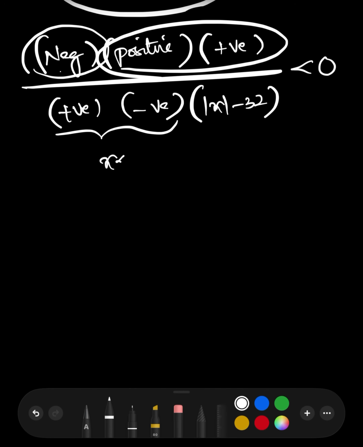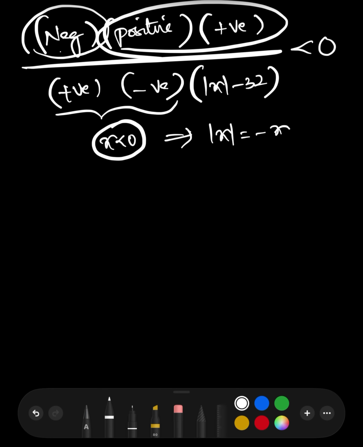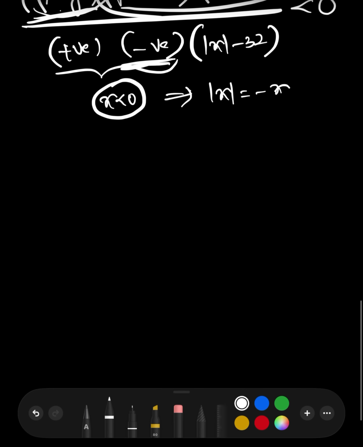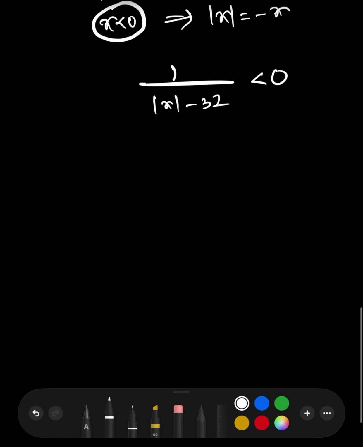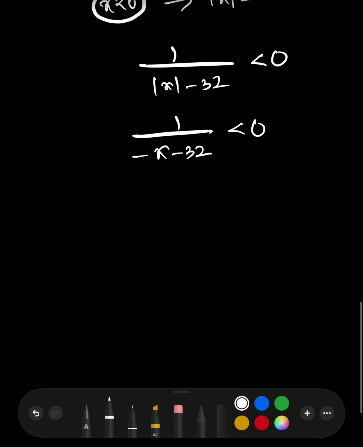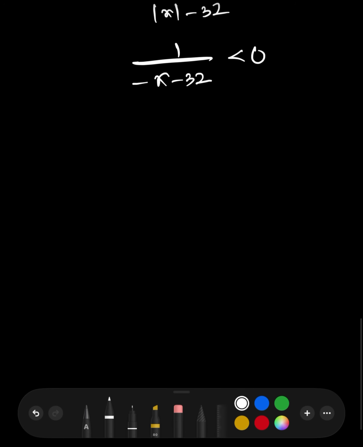Because x is less than 0, clearly |x| is minus x only. So the negative in the numerator and the negative in the denominator become positive, and we have to make 1 by (|x| minus 32) less than 0. This is the final condition. Since |x| is minus x, if you multiply by minus, 1 by (x plus 32) is greater than 0.